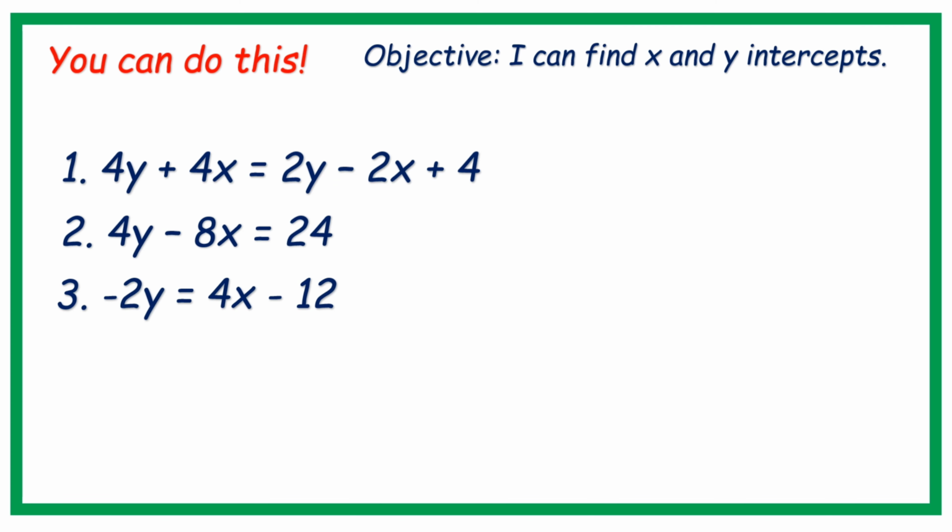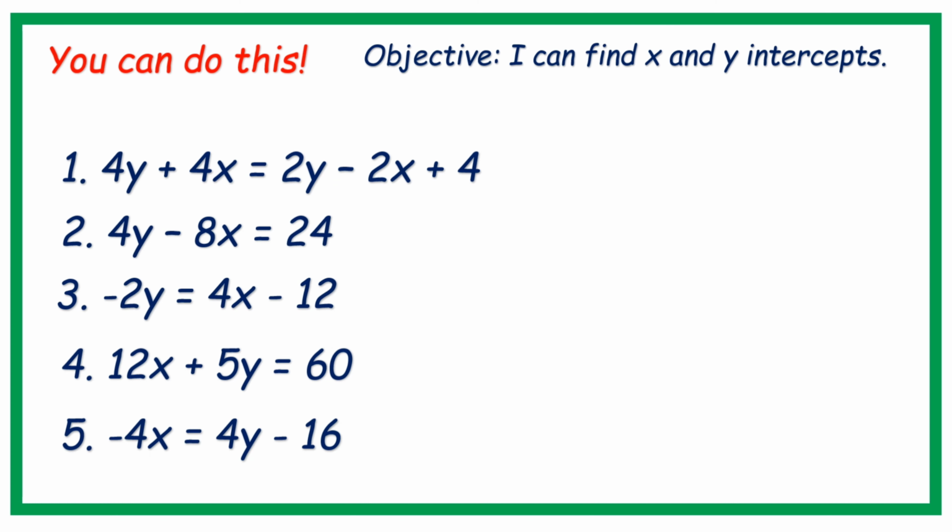Negative 2y equals 4x minus 12. Number 4. 12x plus 5y equals 60. And number 5. Negative 4x equals 4y minus 16.